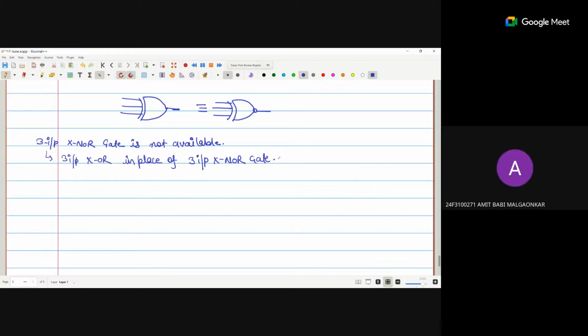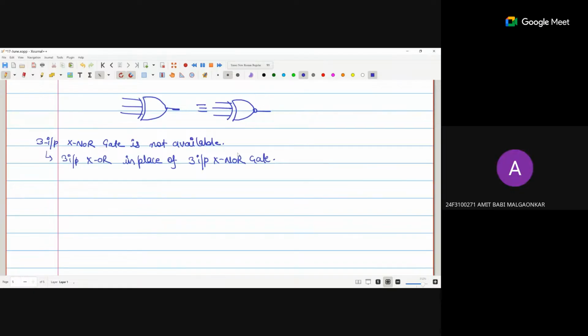Sir, one doubt over here. Actually, when we look at the definition of the XNOR gate, it is defined in terms of the XOR gate, just like the definition of the NAND gate in terms of the AND gate, which is a complement of the AND gate.